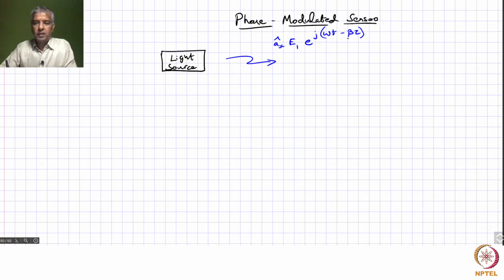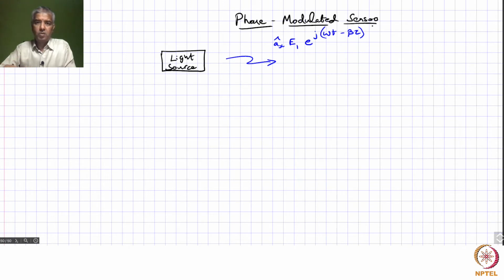And of course, that has two components. One is omega t, which corresponds to the phase evolution with respect to time, meaning you can sit at one particular location and keep observing this wave, and the wave will go through this phase shift with respect to time, going through its positive and negative cycles correspondingly.